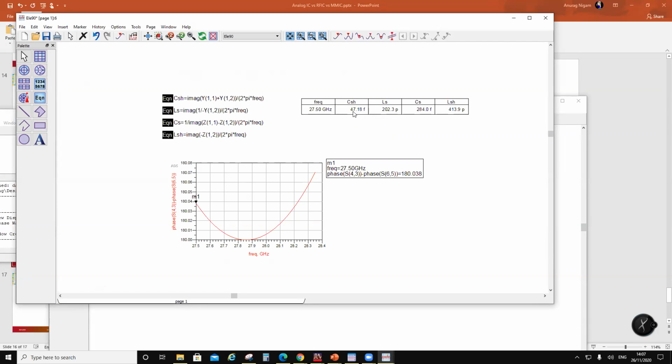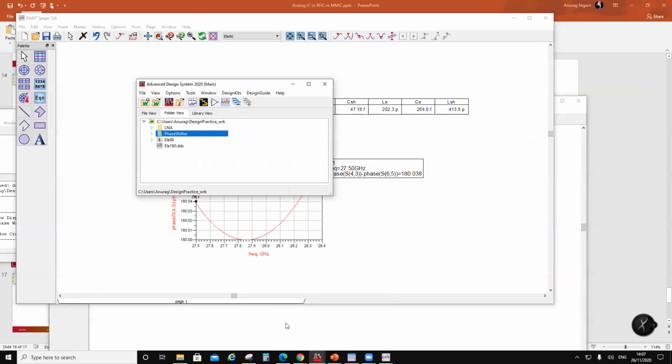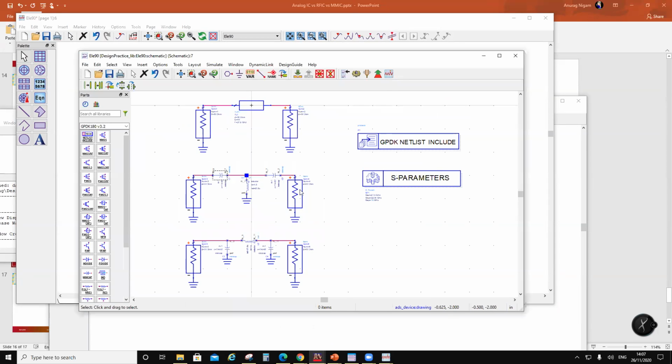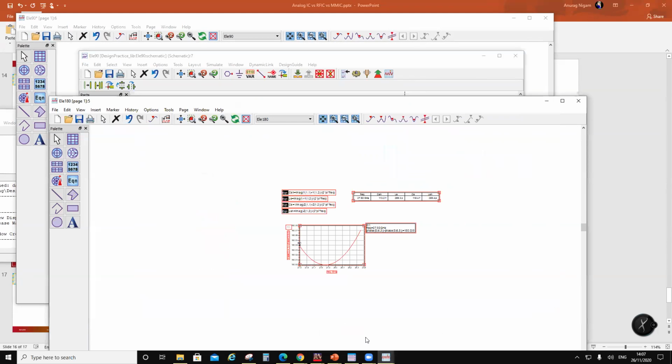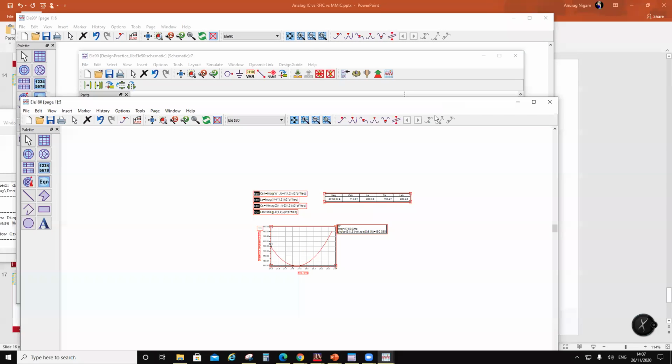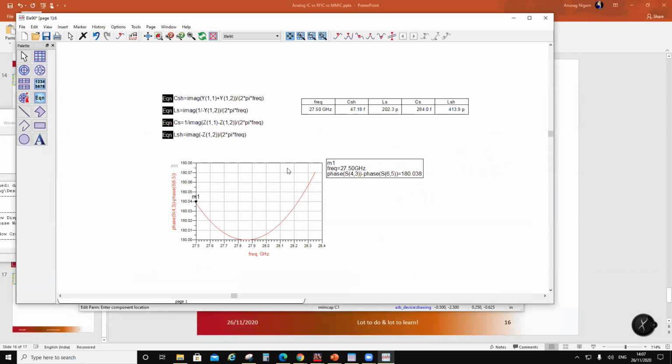CSH is now 47 and it is 202.3. These elements are not going to be the same, right? Now you have 284 and 413.9. I'm going to put this in here, and I will go here. I have to change this value. This is 180, so I'm not going to touch this one. This is 90.